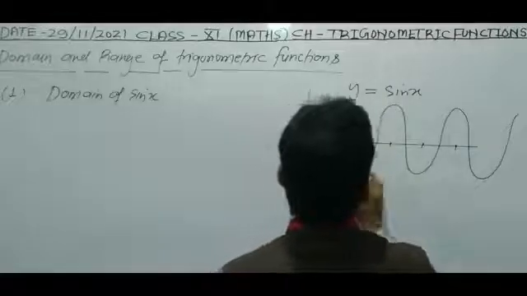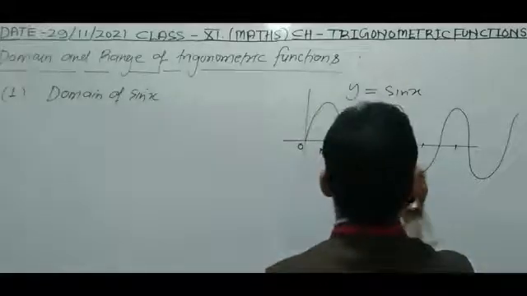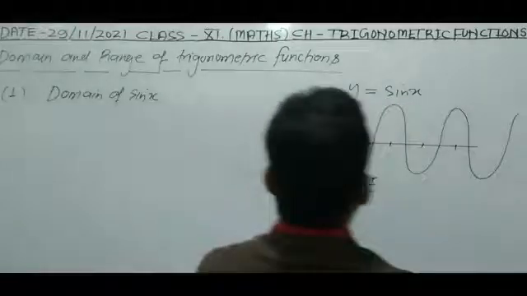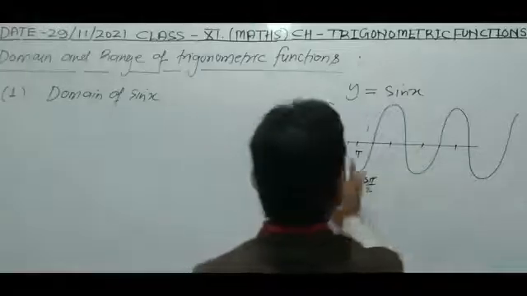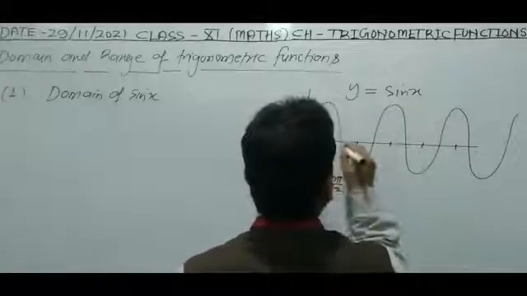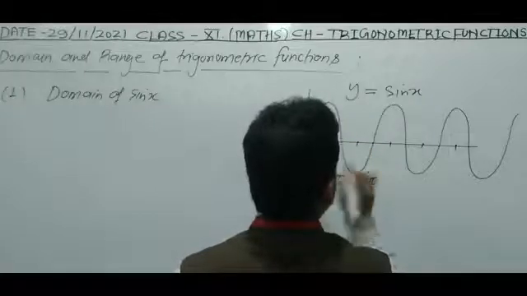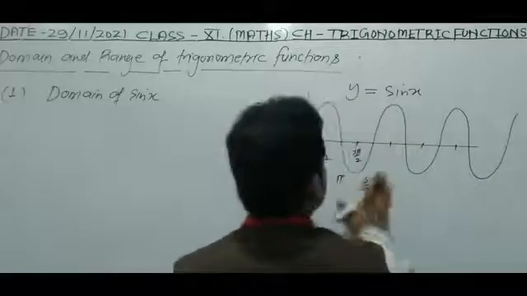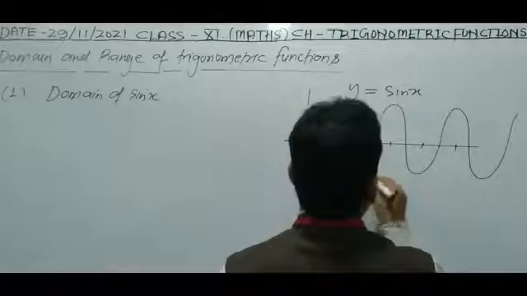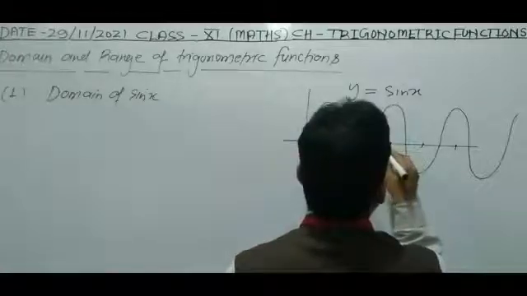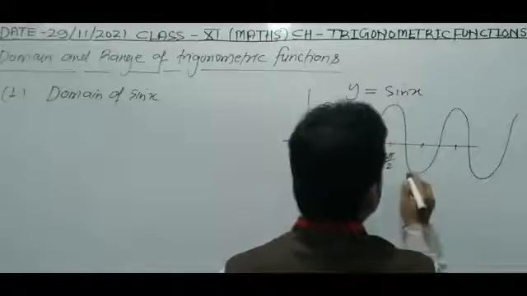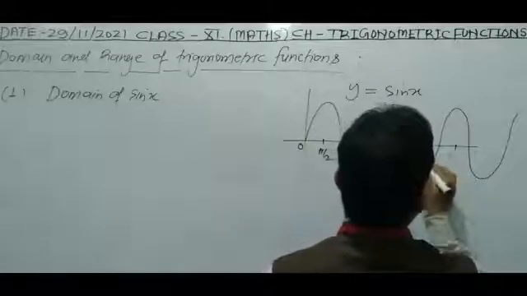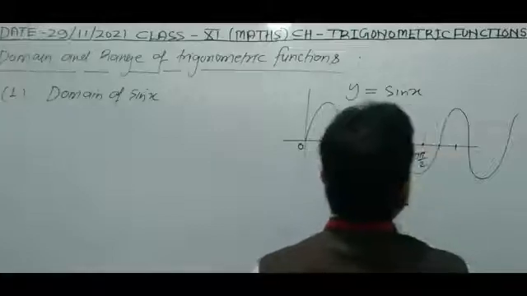This is 0, pi by 2, 2 pi by 2, this is pi, this is 3 pi by 2, this is 2 pi, and this is 5 pi by 2, this is 3 pi, this is 7 pi by 2.